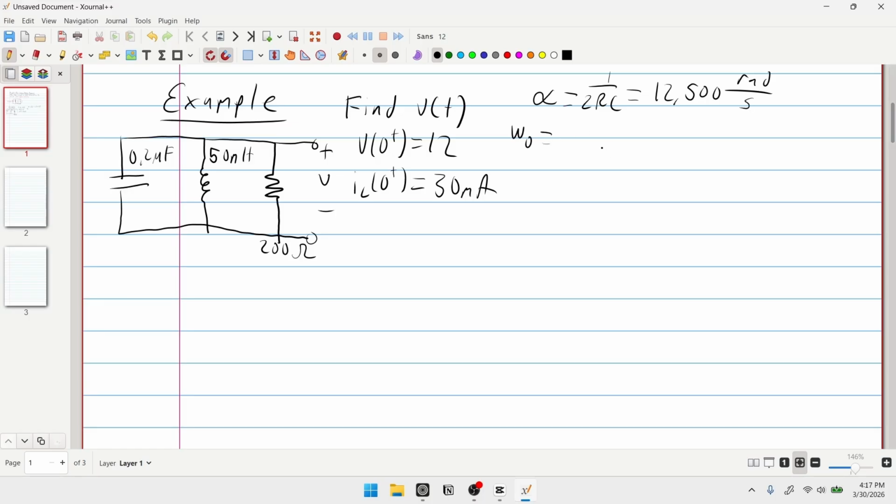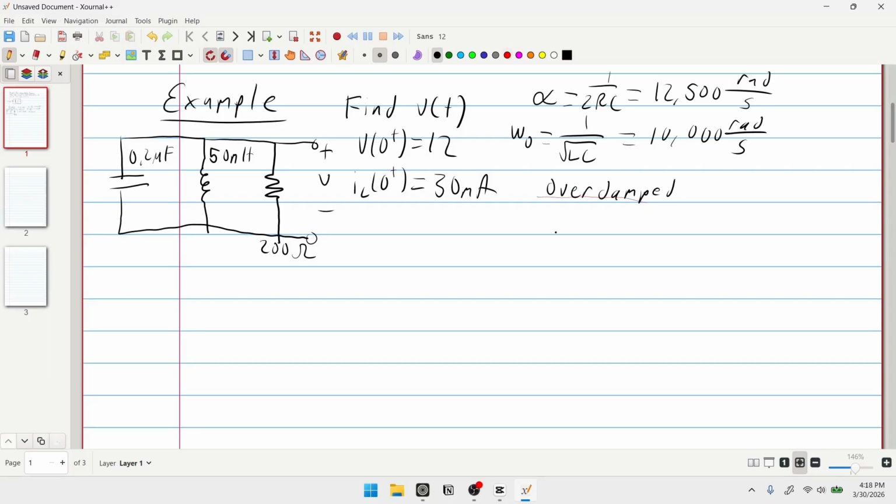And our natural frequency is equal to 1 over the square root of LC, which equals 10,000 radians per second. All right? So, comparing our alpha and our omega naught, we see that this circuit is overdamped. Okay, it's overdamped.